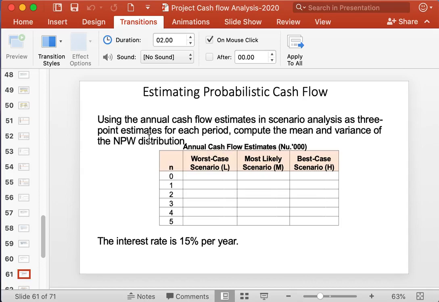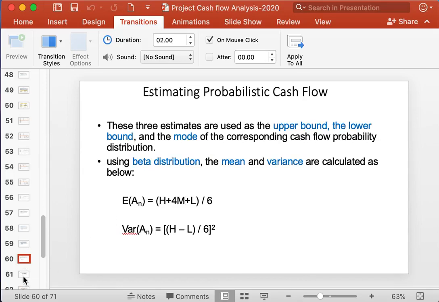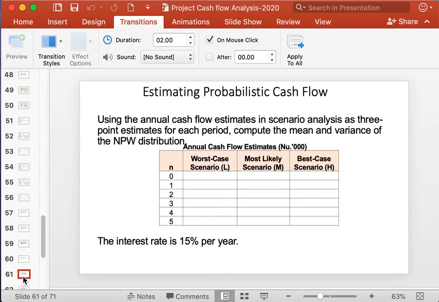So, using the annual cash flow estimates in the scenario analysis as 3-point estimates for each period, we can compute the mean or expected cash flow and variance of the net present worth distribution.